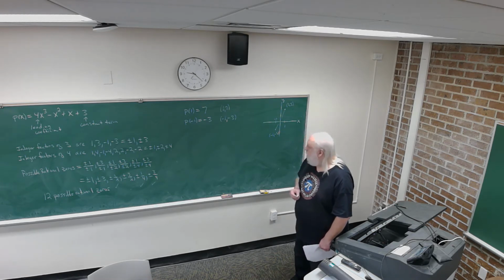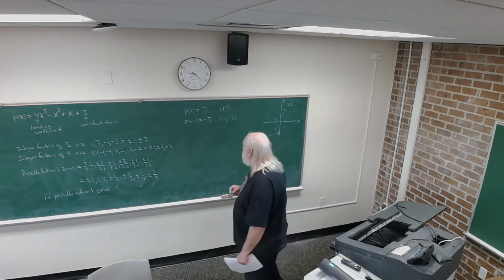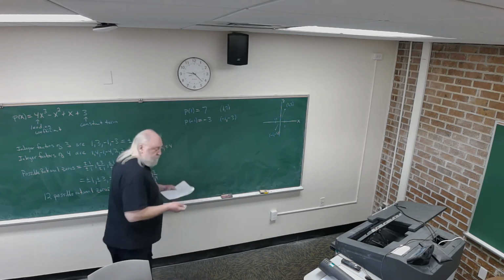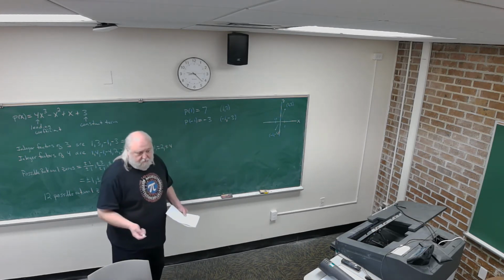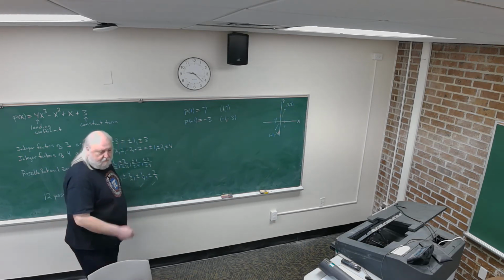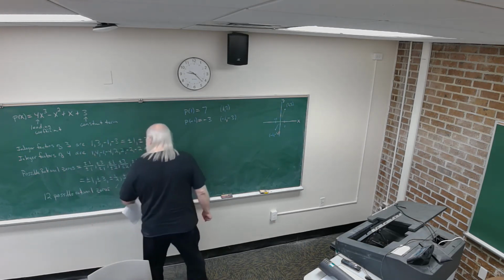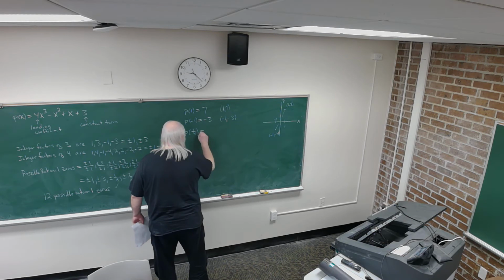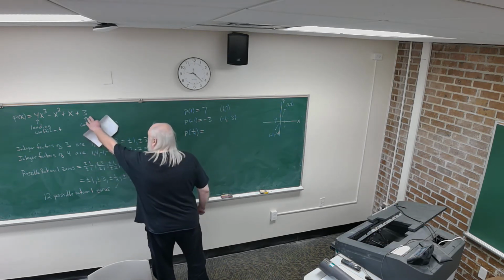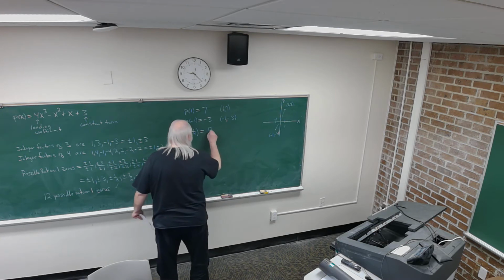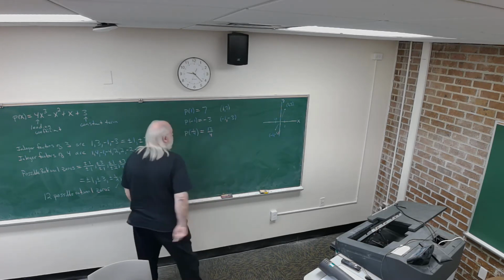Okay. And when I did this, I did it just like you. I just started grabbing numbers and plugging them in. So I tried x equals 1/4. So p of 1/4, when I plugged in for x on the right hand side up here, I got 13/4.